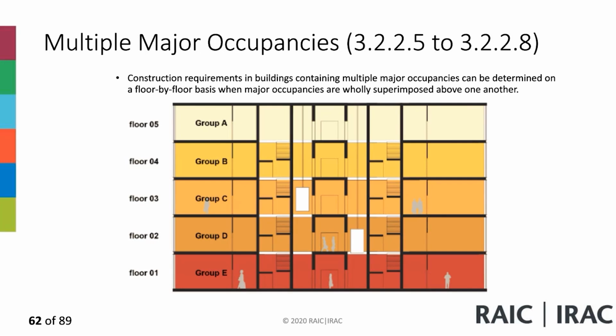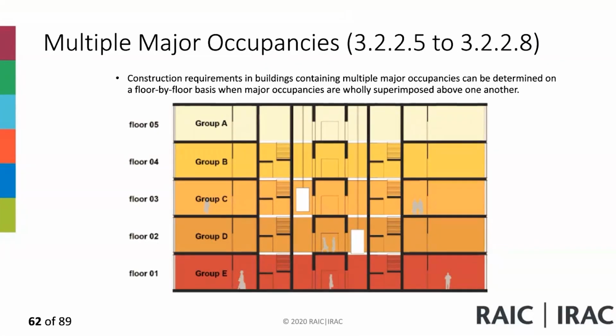This is an extreme, crazy situation, but you can have buildings with multiple major occupancies. How do you handle it? Articles 3.2.2.5 to 3.2.2.8 give you the guidelines and requirements for how to handle superimposed occupancies.